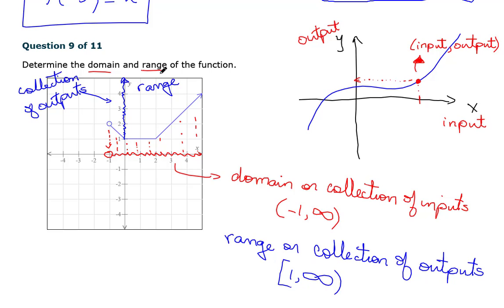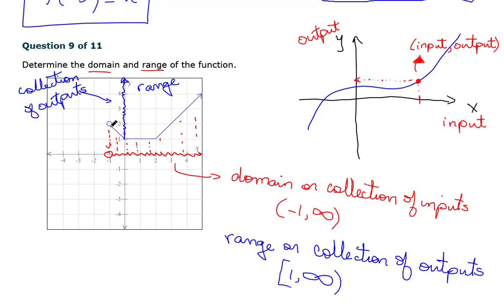So the important thing you have to ask yourself is, let's do the range first. How low does this graph ever go? Well, let's see. The lowest it ever gets seems to be here at a lowest of 1. Okay, so there's the lowest. The range goes from 1.